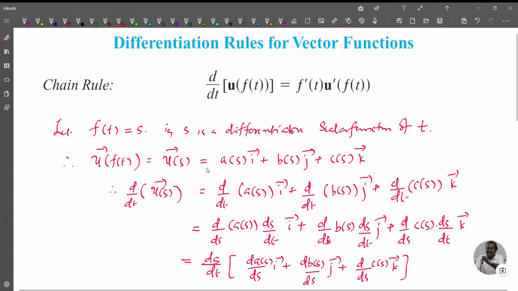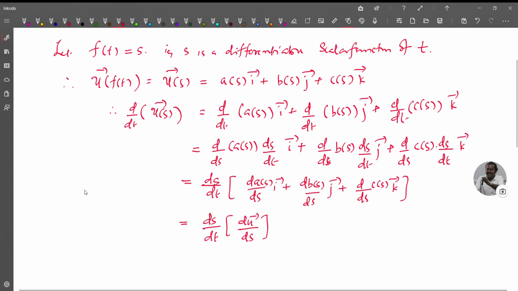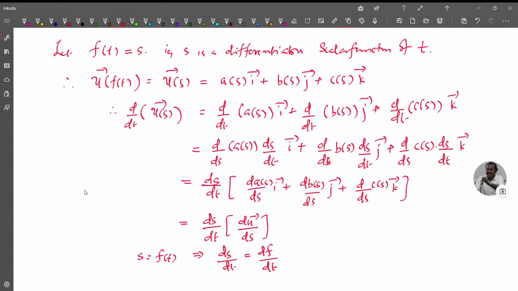Now we have s is equal to f of t, which implies ds by dt equal to df by dt. Therefore, d by dt of u of f of t equal to df by dt into du by ds, from this, from star.